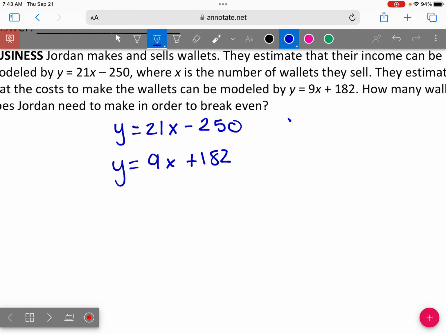So this was their cost and their income. Oh no, I have those two words backwards. But that's okay. It doesn't really make a difference.